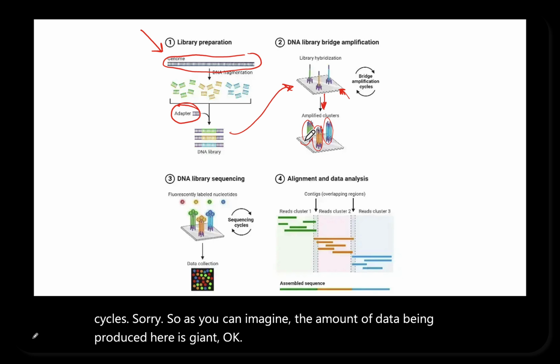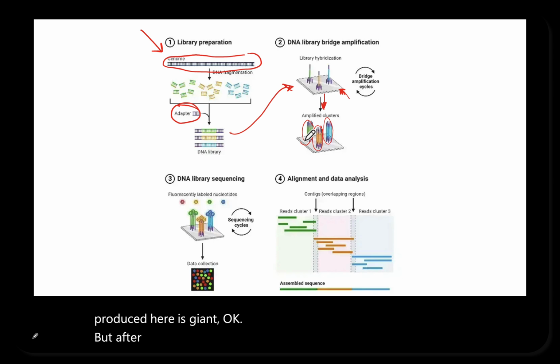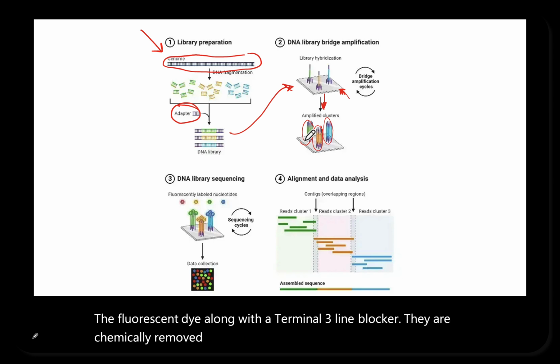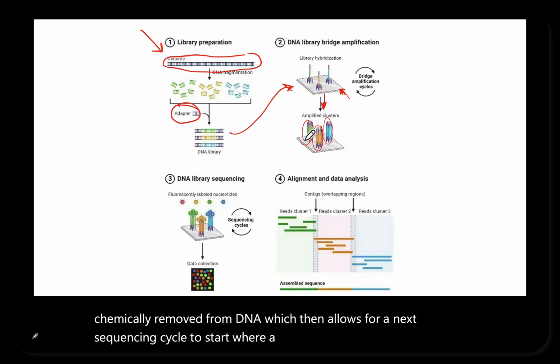But after each imaging step, the fluorescent dye, along with a terminal 3' blocker, are chemically removed from the DNA, which then allows for the next sequencing cycle to start, where a new nucleotide is added and then imaged.